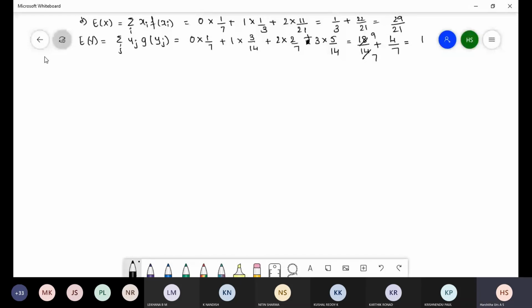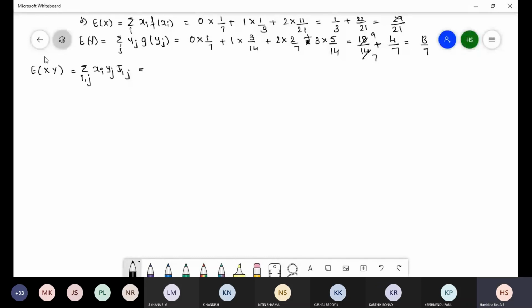Next, E of xy. Summation i, j of xi yj into pij. So here we have to refer the joint distribution probability where we have to substitute the k value.